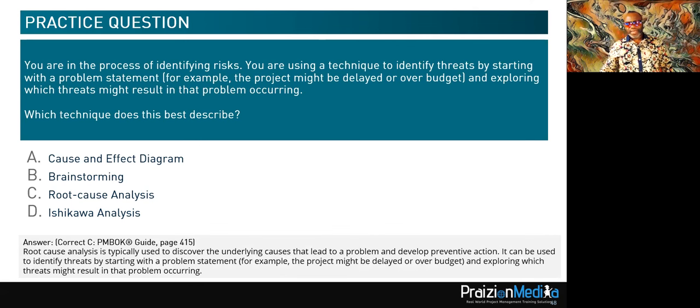Again, going back to page 415 in your PMBOK guide, this is the best option. Root cause analysis is used to uncover the underlying causes that lead to a problem, but look at what it says. It starts with a problem statement. Ishikawa does not start with a problem statement, right?